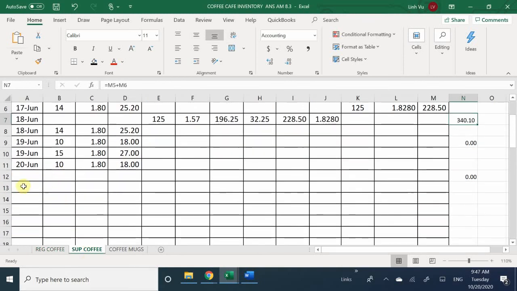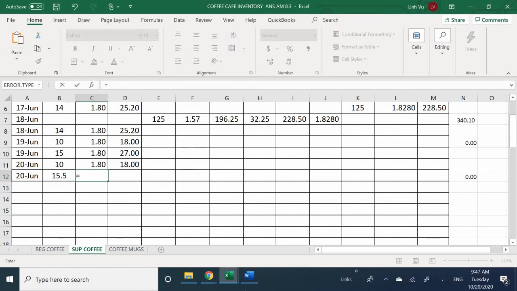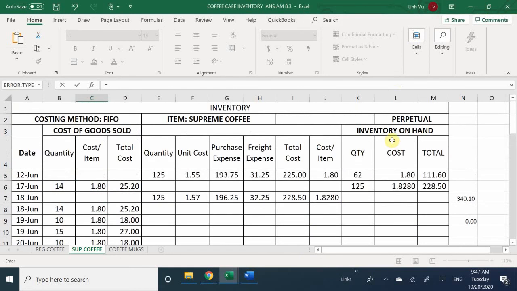So then for Supreme Coffee, how many pounds did we sell? 15.5. 15 and a half pounds. At what cost per item am I going to use? Here from the very first one, 180.